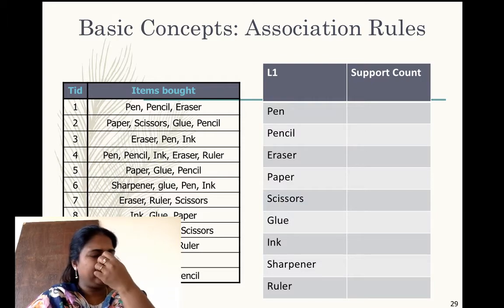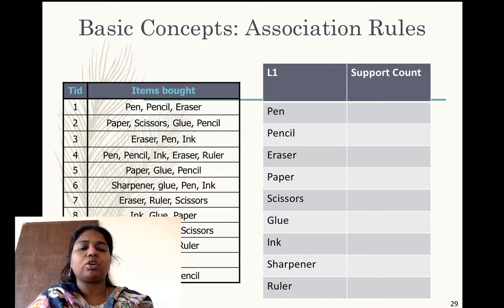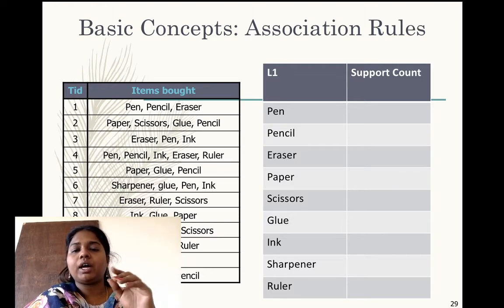Now let me know the support count of each of these items. When I have only one item in the item set, it is called the L1 item set, or the first level of item sets, for which I have only the support count. So I have to count the number of transactions in which pen is present.